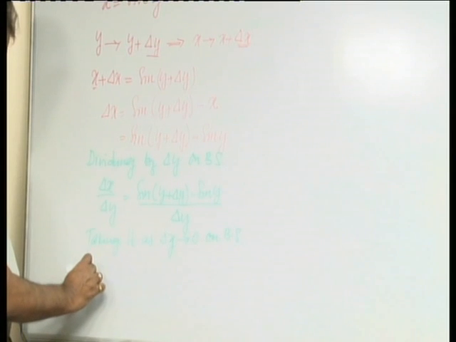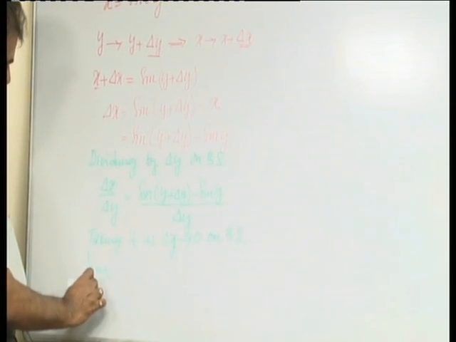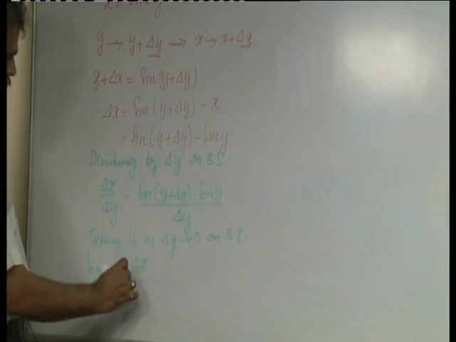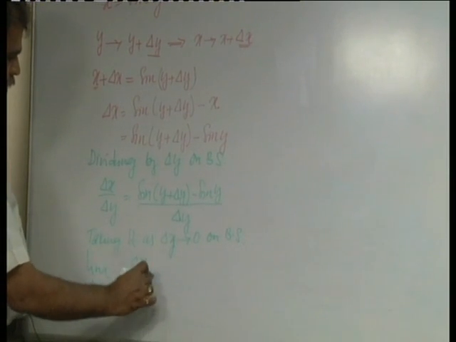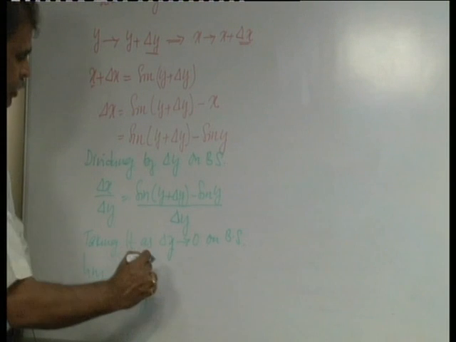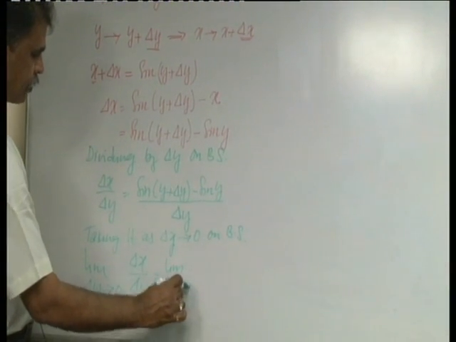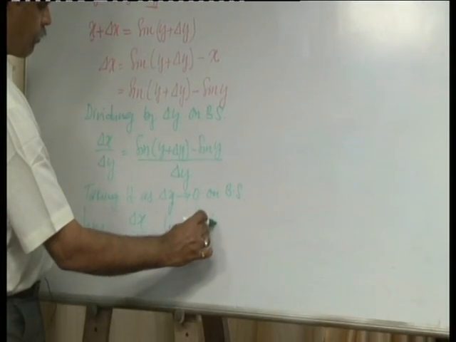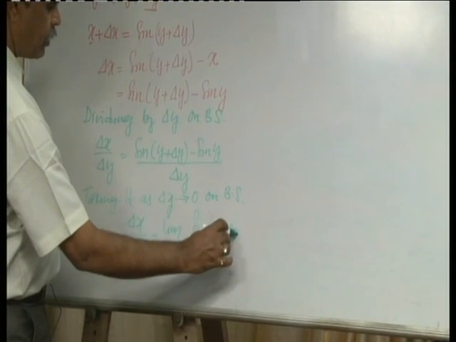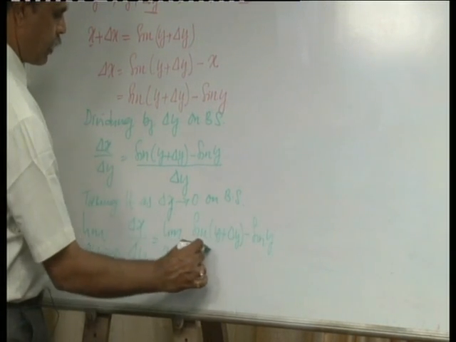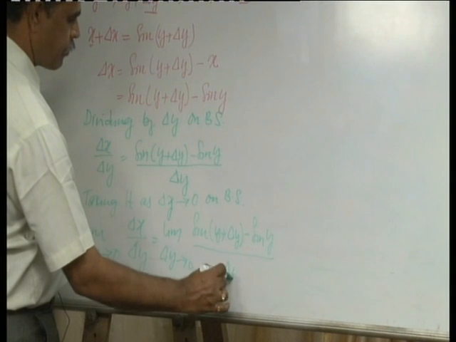It becomes limit of delta y tends to 0, delta x divided by delta y is equal to limit of delta y tends to 0 of sin of y plus delta y minus sin y, whole divided by delta y.